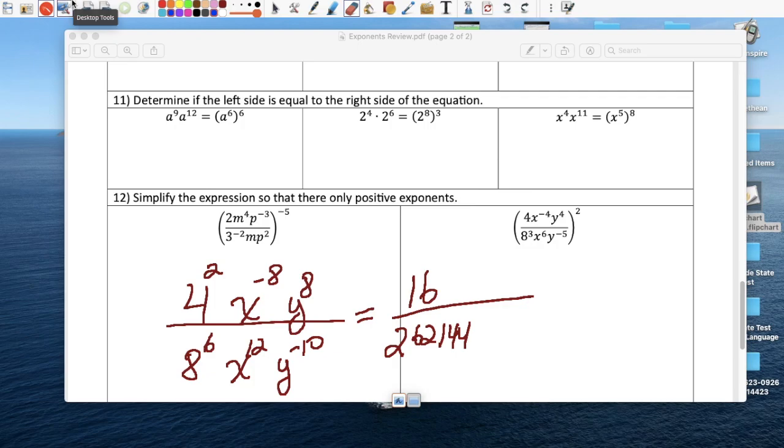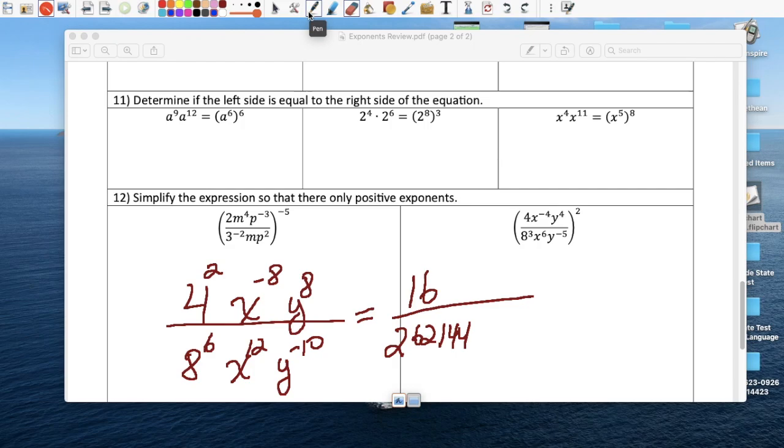Simplify. It's giving me domain error. I don't know why.